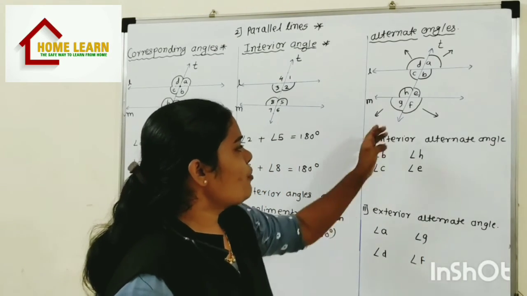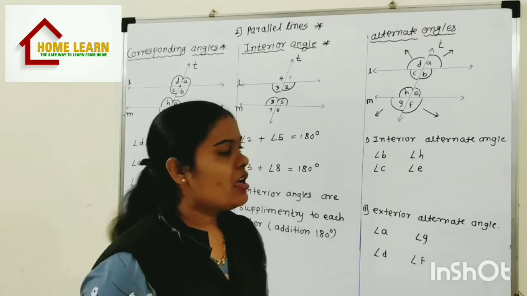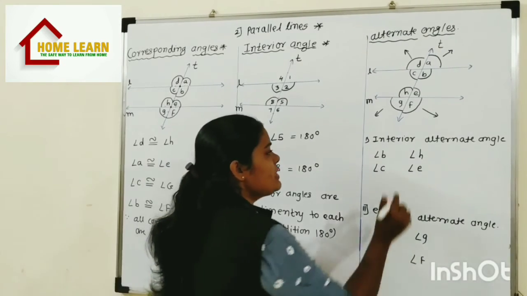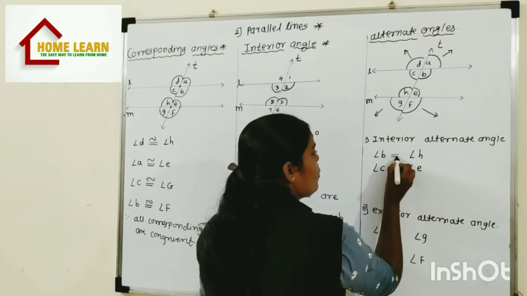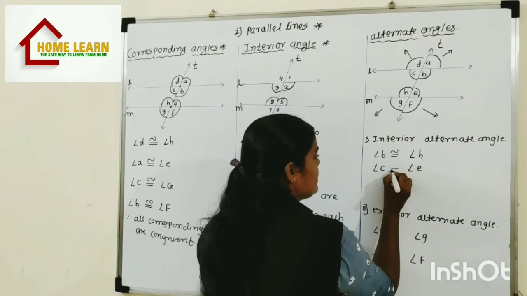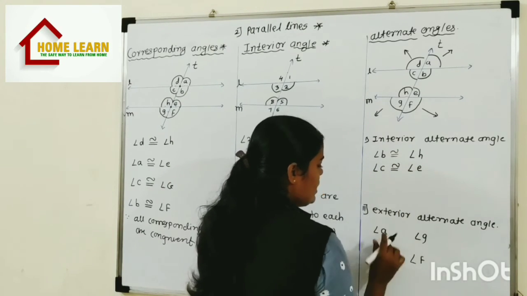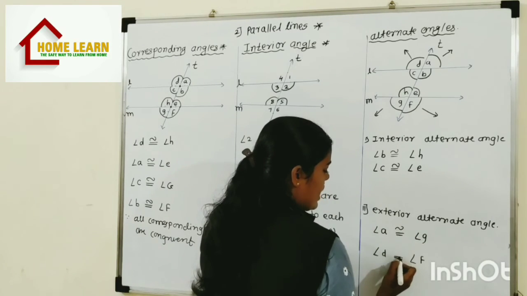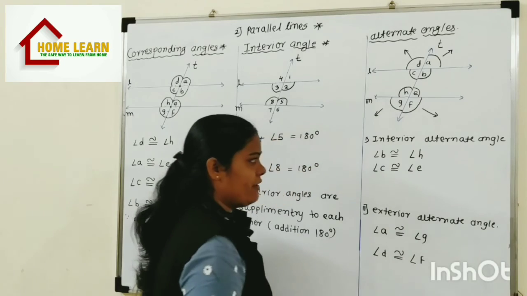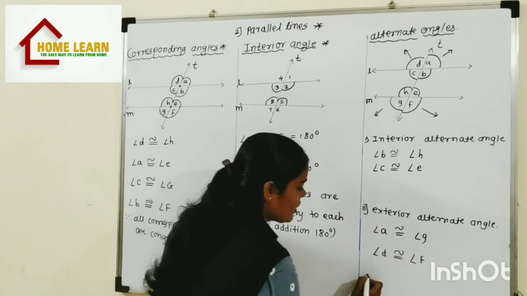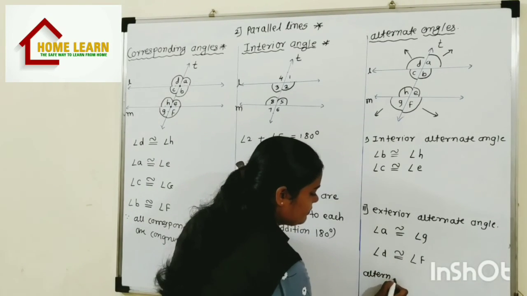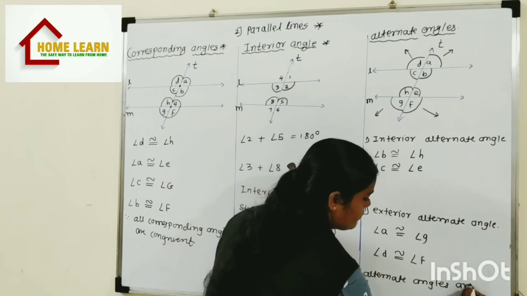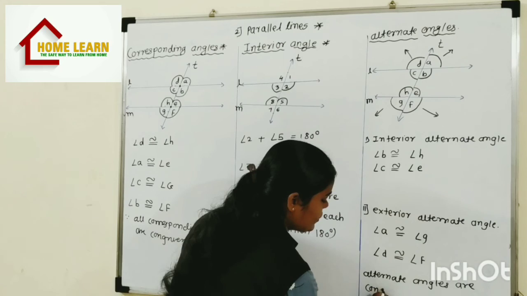The property of alternate angles is that alternate angles are congruent to each other. That means angle B is congruent to angle H, angle C is congruent to angle E, angle A is congruent to angle G, and angle D is congruent to angle F. You can write here: alternate angles are congruent to each other.